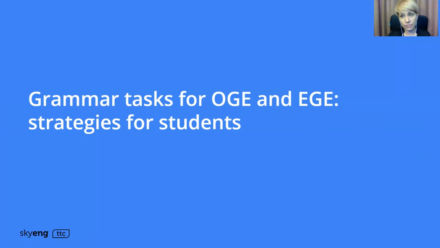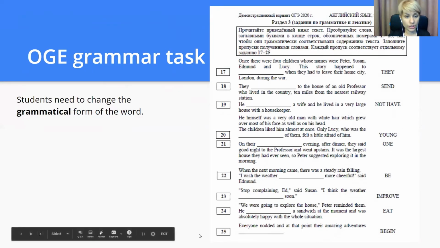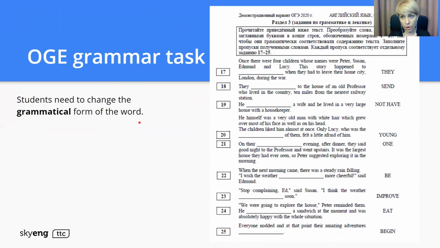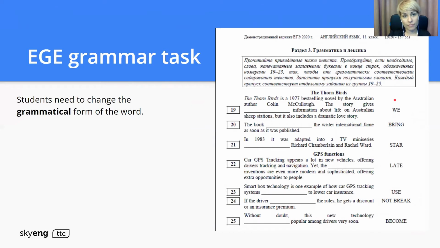Grammar tasks for EGE and OGE are almost the same. They have to change the word grammatically, in OGE, the given words on the right. But the same thing they have to do in EGE. The only difference is that grammar rules are more complicated here.